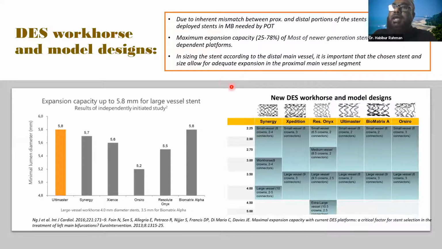In sizing the stent according to the distal main, it is important that the chosen stent and size allow for adequate expansion in the proximal main vessel segment. So we have to keep this chart of which stent can be expanded to what extent. That's very important while choosing a stent for bifurcation PCI.